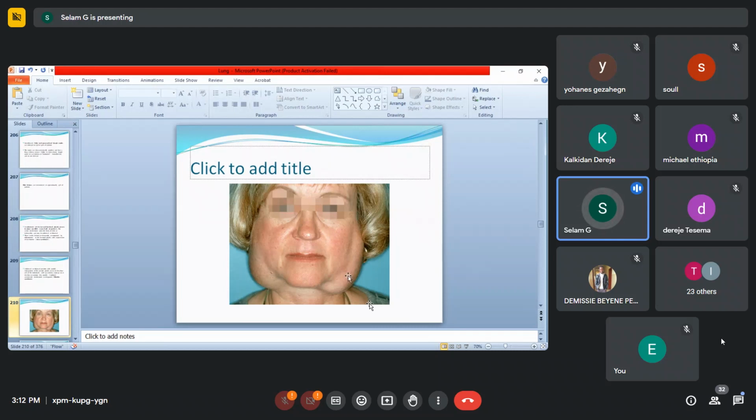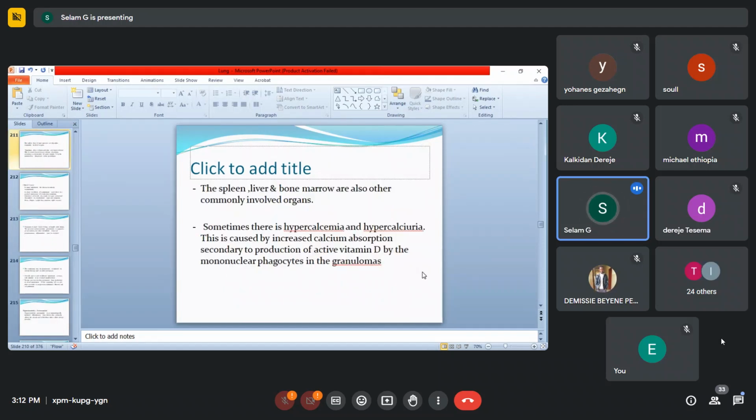So you see bilateral parotitis in patients, and if you do a fine needle aspiration cytology of this gland, you will find non-caseating granulomatous inflammation. The spleen, the liver, and bone marrow are also commonly involved organs, and sometimes there is hypercalcemia and hypercalciuria. This is caused by increased calcium absorption secondary to the production of active vitamin D by the mononuclear phagocytes of the granulomas.